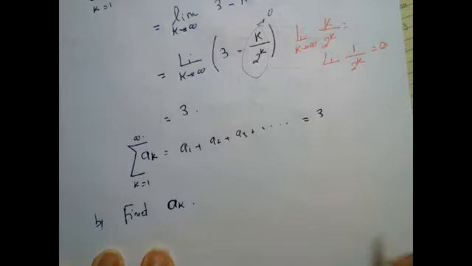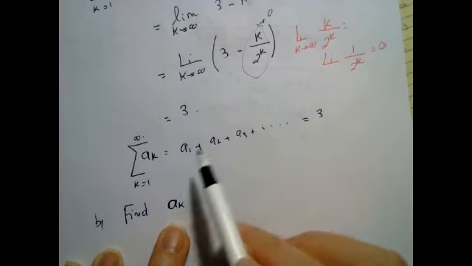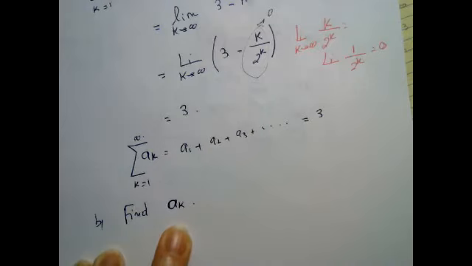Anybody? Why don't we just plug in 3 to all of them then? To the original equation? If each one of them is 3, what will happen to the sum? It goes to infinity. Right. Their sum is 3.